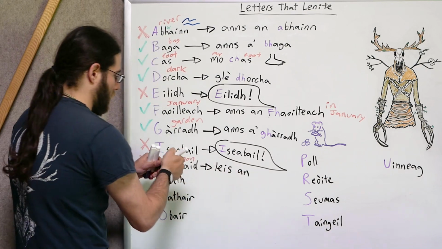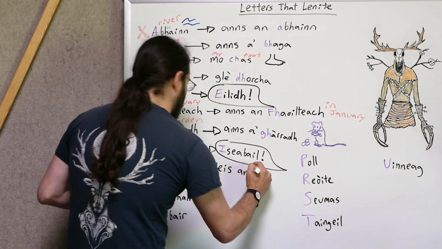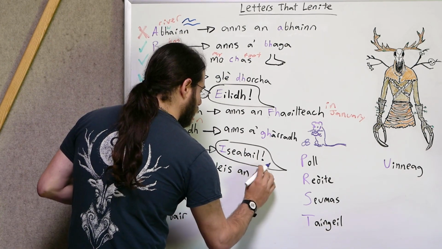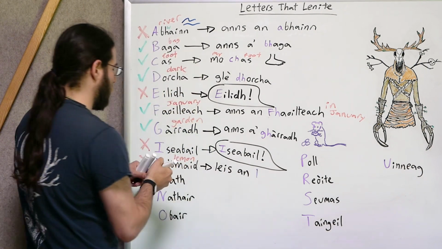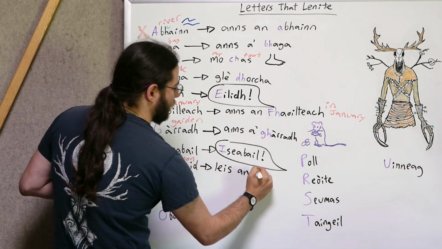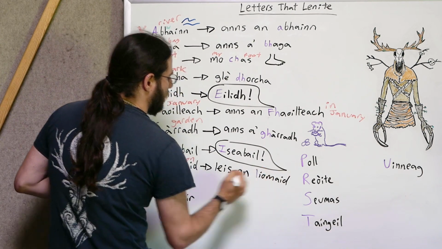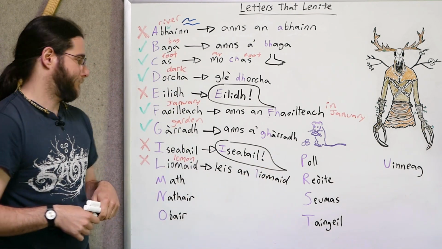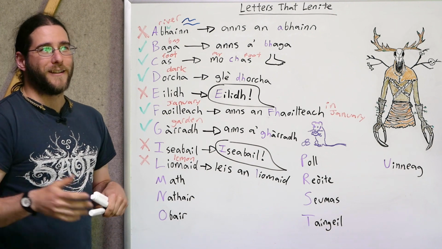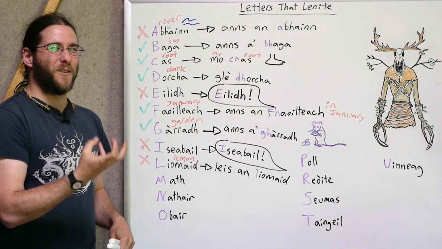Leish an limach. L, just L on its own. With the lemon. Leish an limach. That actually flows really nice.